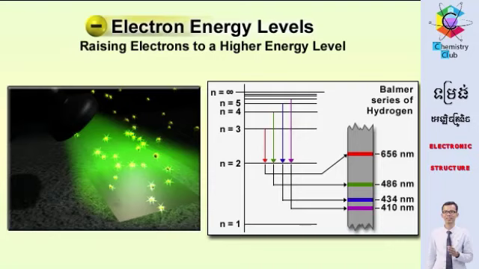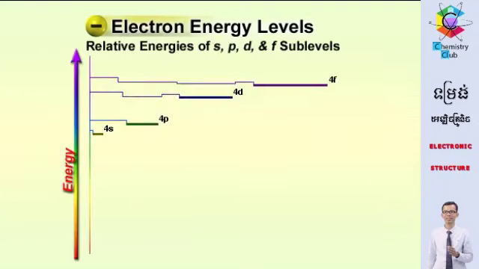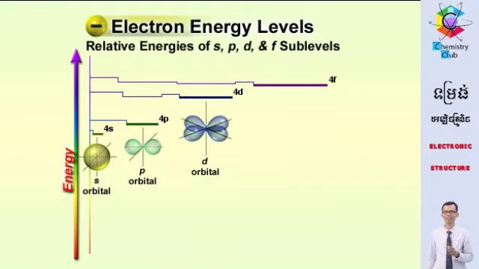The shapes of the orbitals also play a role in sublevel energy. At any given level, the spherical s orbital is lower energy than the dumbbell-shaped p orbitals. The p orbitals are lower energy than the rosette-shaped d orbitals. And the d orbitals are lower energy than the f orbitals.